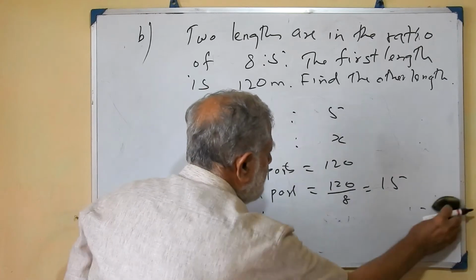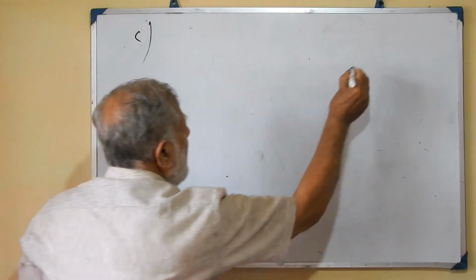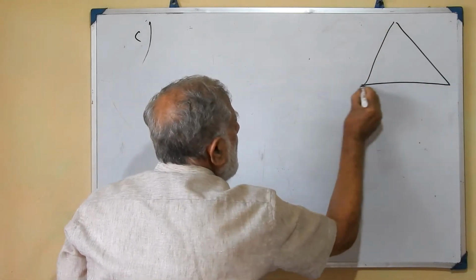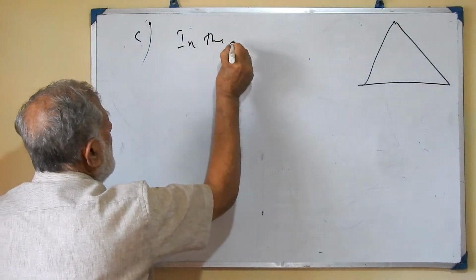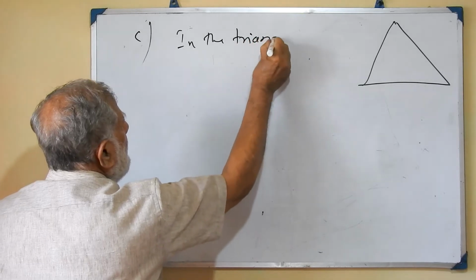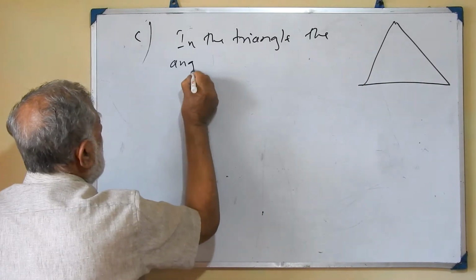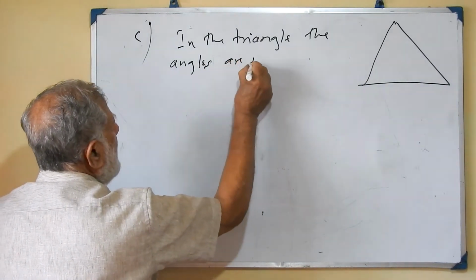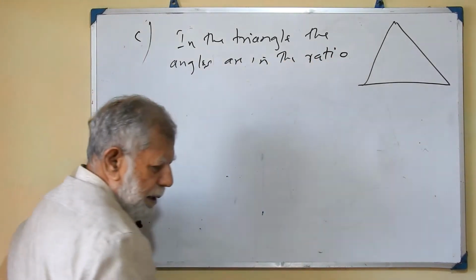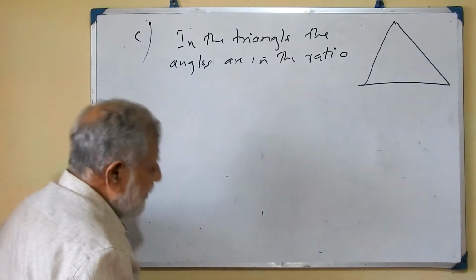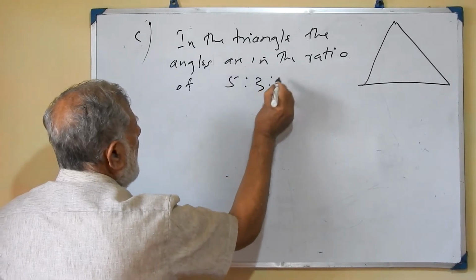We'll take another example. There's a triangle. In the triangle, the angles are in the ratio of 5 is to 3 is to 1.